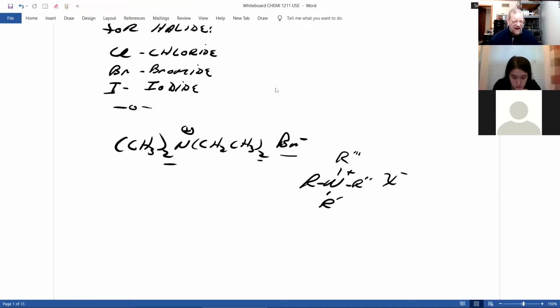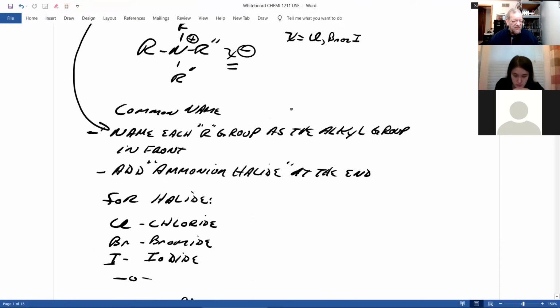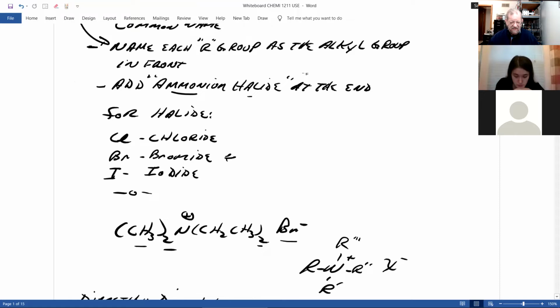So how do you name that? Well, since it's a common name, it doesn't matter which one you put first. There's two methyl groups, so in organic chemistry, or chemistry in general, two use the prefix di: dimethyl, diethyl. And since it's a quaternary ammonium salt, we use at the end ammonium halide. It's bromine, so it's ammonium bromide.